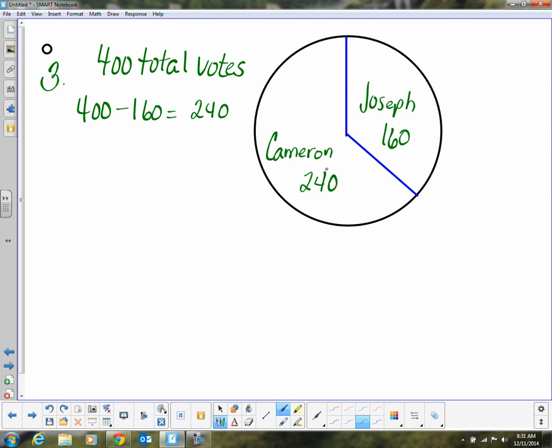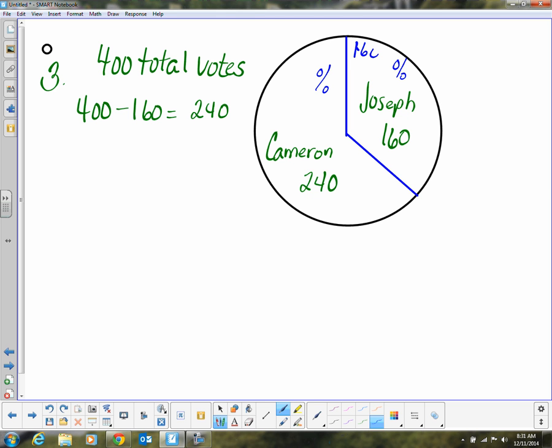Now, what we need is percentages. I need the percent of votes that Joseph got, and the percent of votes that Cameron got. In real life, if you were asked to do a pie chart, you need these percents in order to get an accurate pie chart.